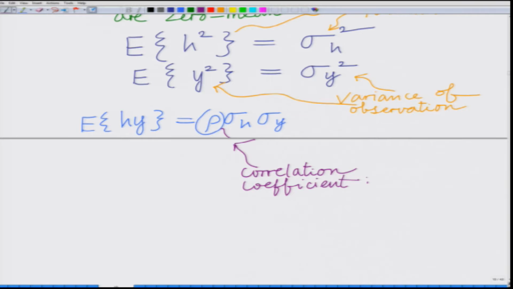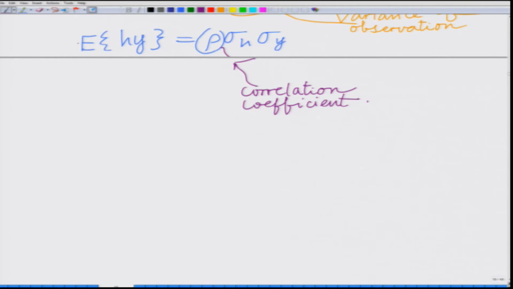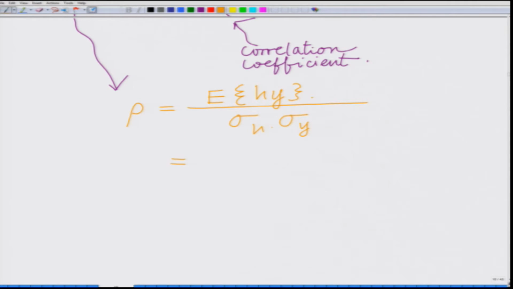This is the correlation coefficient of the parameter h and the observation y, defined as rho. It can be seen that the correlation coefficient is given as rho equals the cross covariance, the expected value of h y, divided by sigma h into sigma y, that is, the product of the standard deviations. Sigma h square is the variance, sigma h is the standard deviation of h, sigma y square is the variance of y, and sigma y is the standard deviation of y.